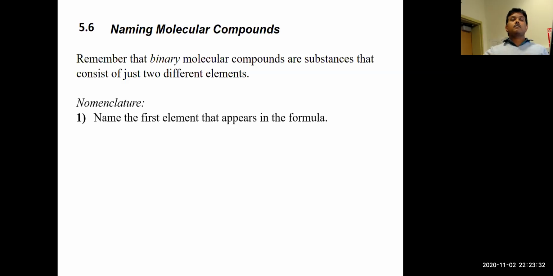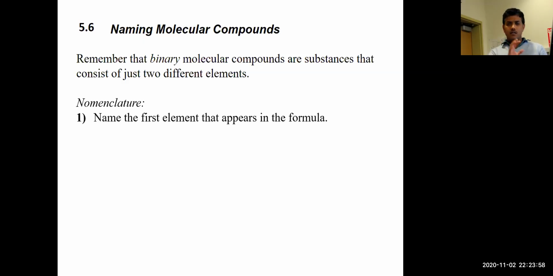Again, let me just say this before we jump into this. Naming covalent molecules is a vast subject. It's a huge subject. If you open any organic chemistry book, you see too many rules on how to name a covalent molecule.